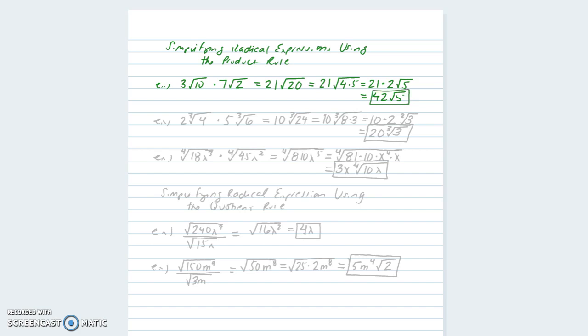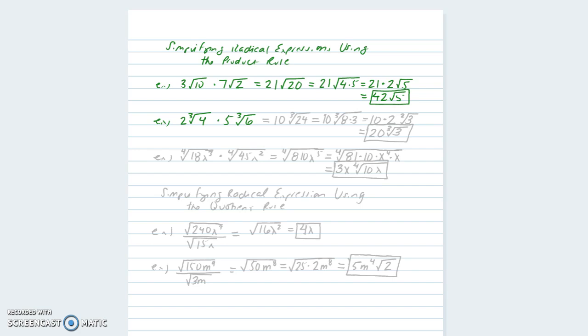For example 2, we're going to multiply 2 cube root of 4 times 5 cube root of 6. So once again, first things first, let's go ahead and multiply these 2 radical expressions together. So the numbers on the outside, we have 2 times 5, which is 10.